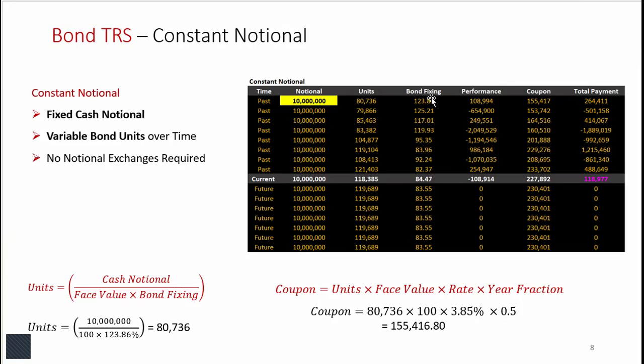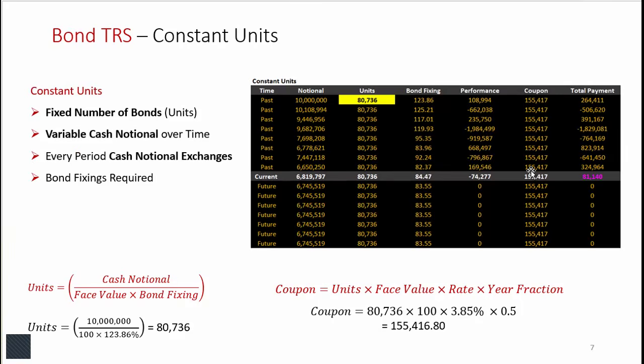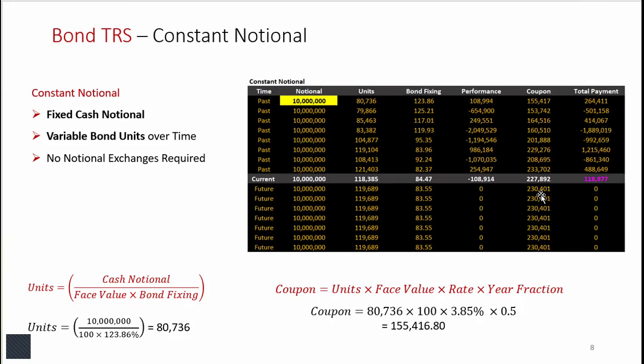As the bond fixing changes, the number of bonds changes. We calculate the bond units in the same way, and we calculate the coupon in the same way. The first coupon is the same because we use the same bond fixing. Then over the life of the trade, as the fixing changes, the coupon changes. So here we have a fixed coupon, and here the coupon varies.